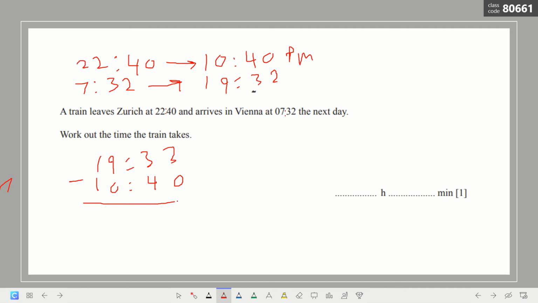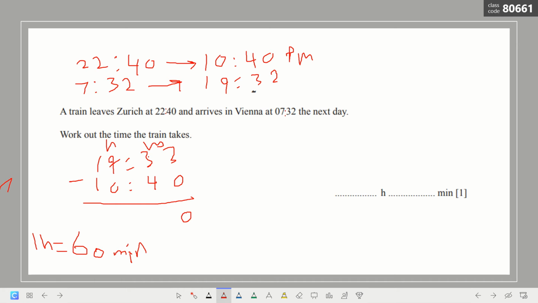First we start with the minutes. This is minutes, this is hours. Now 32 minus 0 is 32, because we subtract minutes. Now 32 minus 40 can't be done because it's less. So I take 1 hour from here, and each 1 hour, as you know, is equal to 60 minutes.